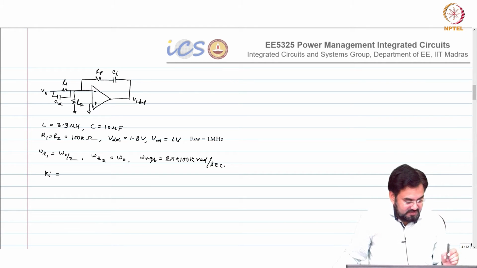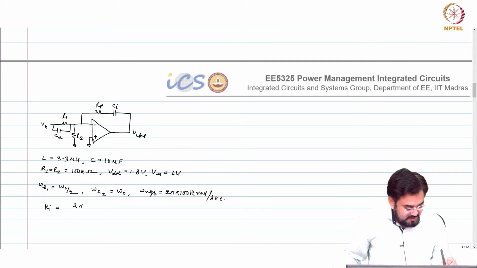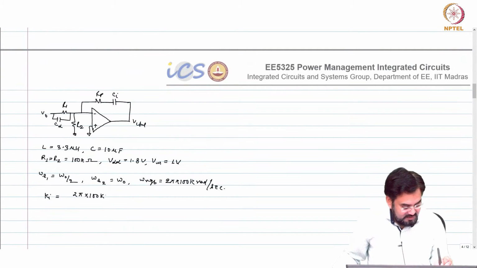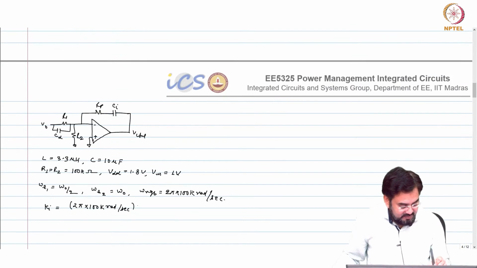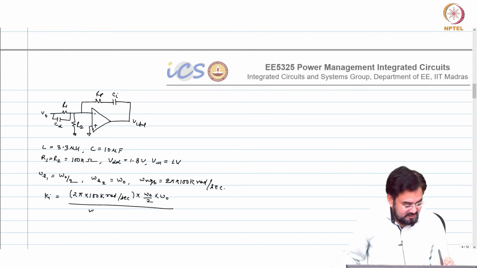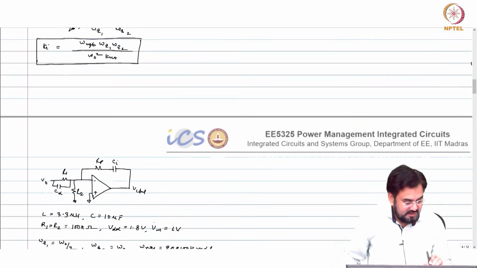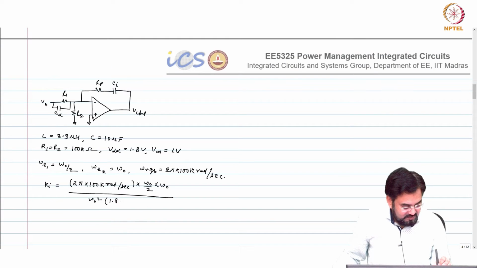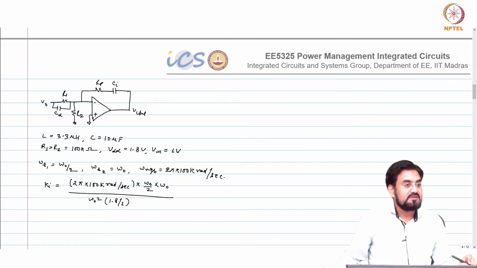So let us substitute those values. Omega UGB is 2 pi into 100k radian per second. Then you have omega naught by 2 into omega naught divided by omega naught square, and this is nothing but 1.8 by 1 volt.